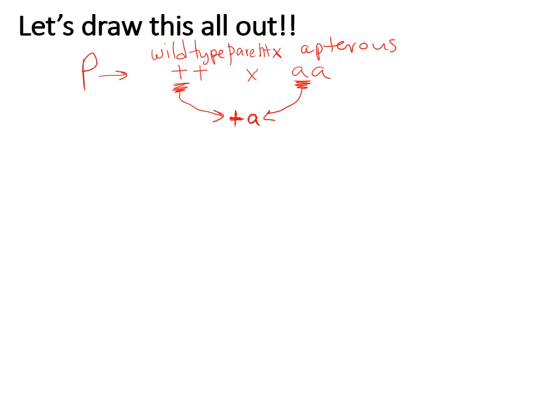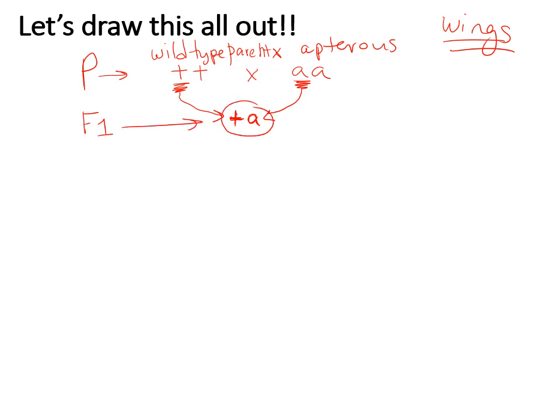So that's the genotype for wings. Again, remind yourself we're dealing with wings here. So this fly offspring, what do we call it? That is now the F1 generation of flies.